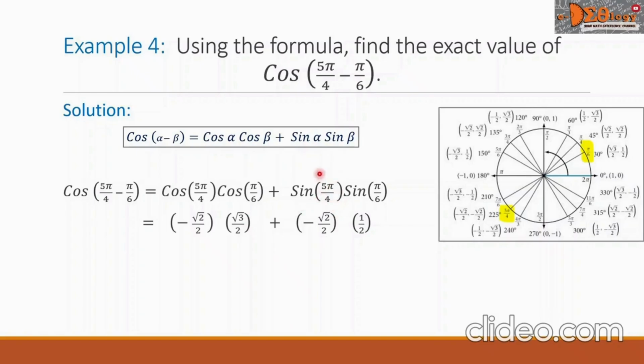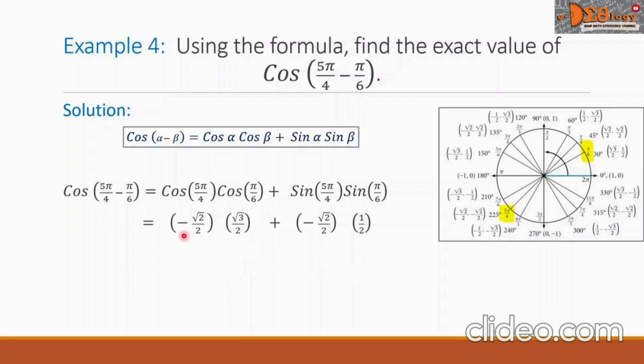This is the y-coordinate of the angle. So we write here negative square root of 2 over 2 times the sine of pi over 6. Also, we get the y-coordinate. So we write here 1/2. Let us evaluate the products respectively.